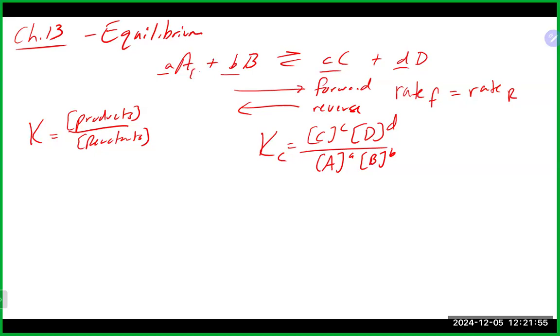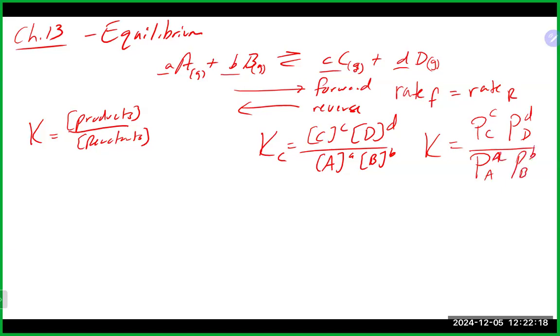Clearly, if these were gases, we may be looking at pressure rather than concentration. So you could write a similar equilibrium expression dealing with pressures: partial pressure of C to the c, partial pressure of D to the d, divided by the partial pressure of A to the a, and B to the b in this case.